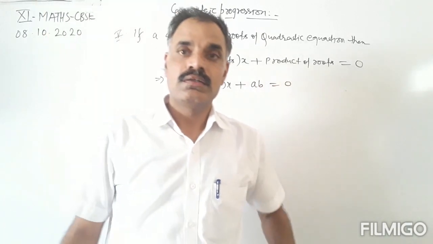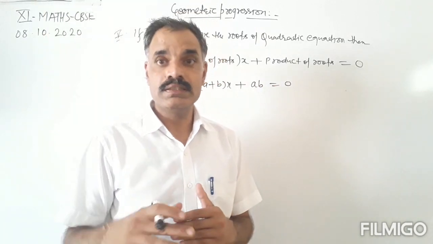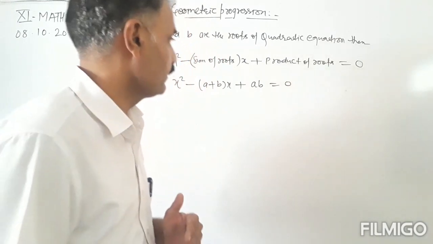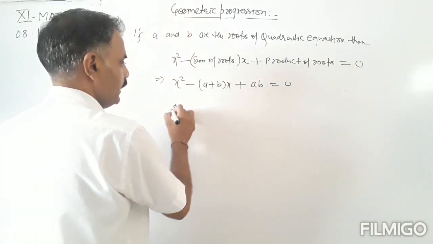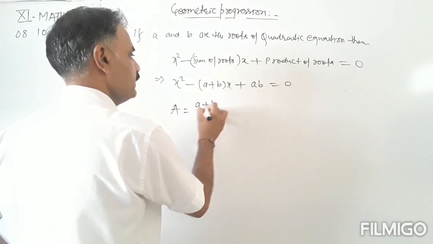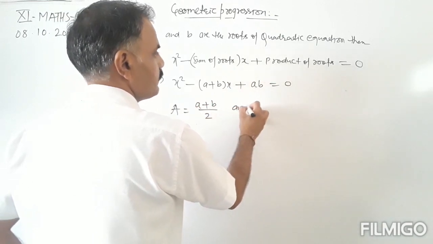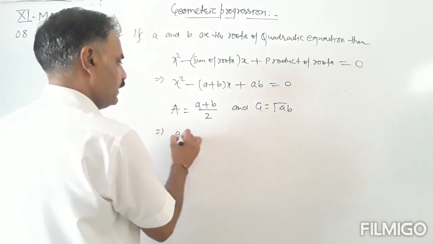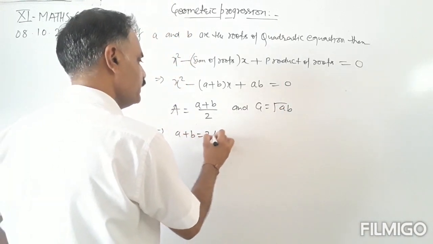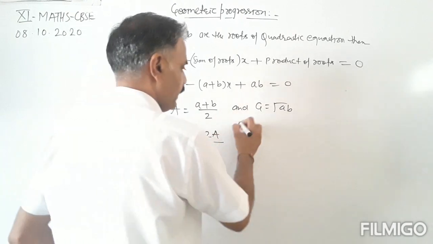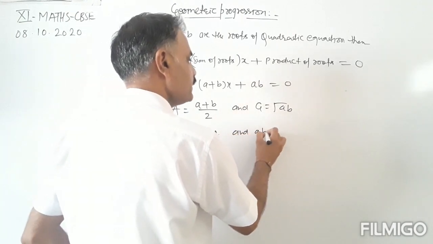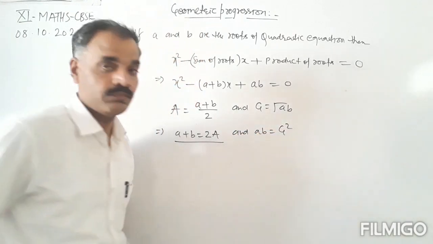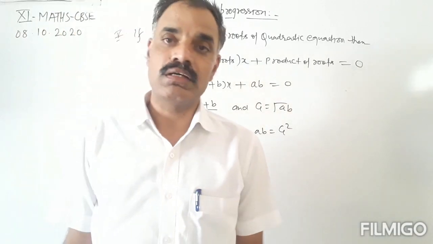Okay, now in the recent property we have learned that A is equal to (a plus b) upon 2 and G is equal to under root ab. So a plus b is equal to 2 into arithmetic mean A, and ab is equal to G square, geometric mean square.